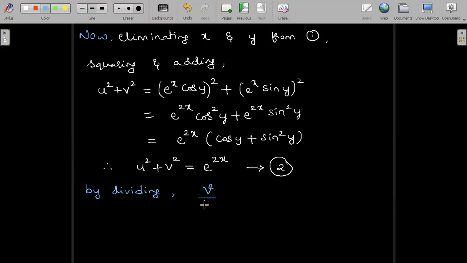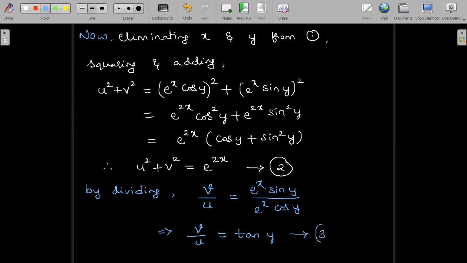That is v divided by u we are performing. This gives us e power x sin y divided by e power x cos y. We observe e power x gets cancelled and we have x eliminated. So v by u is equal to tan y for us.